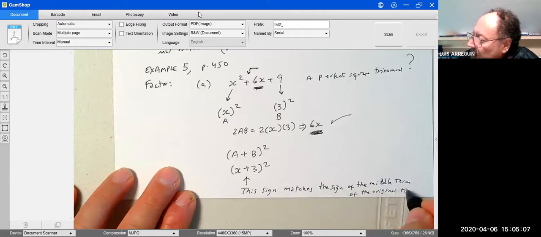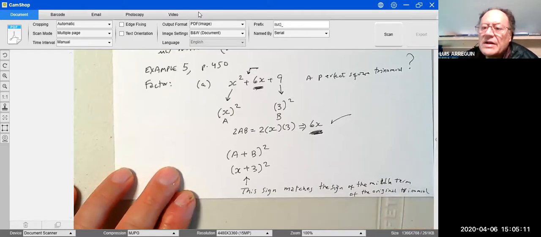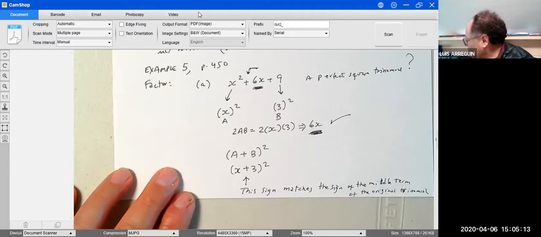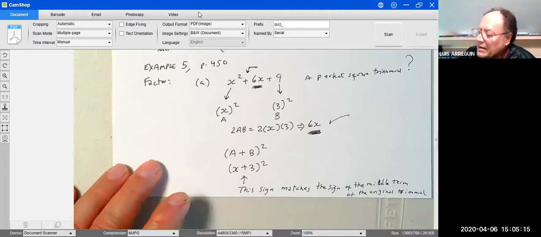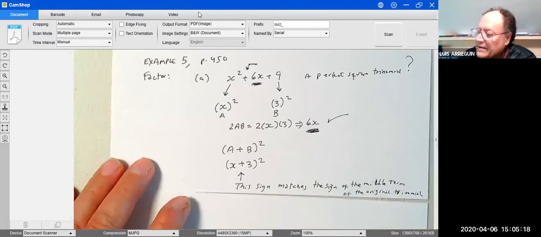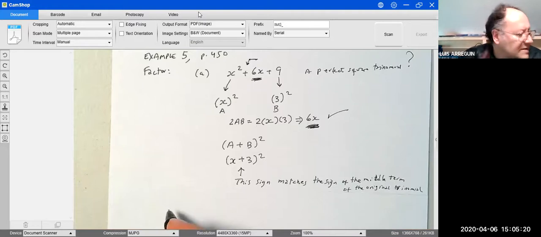That's important to check. I'm going to solve more problems, so we're going to practice this a lot. So the next exercise is B.